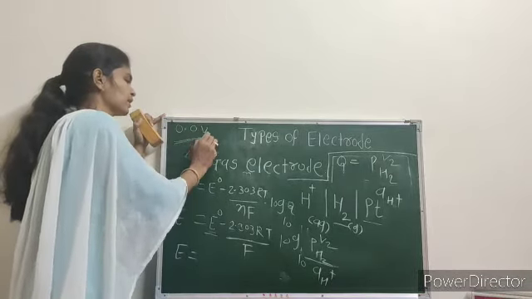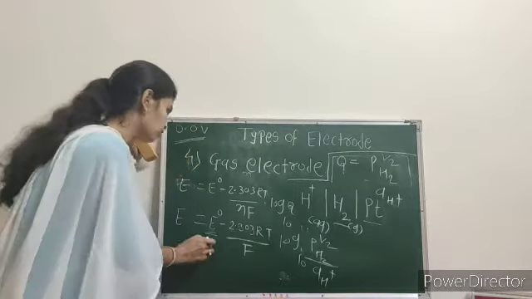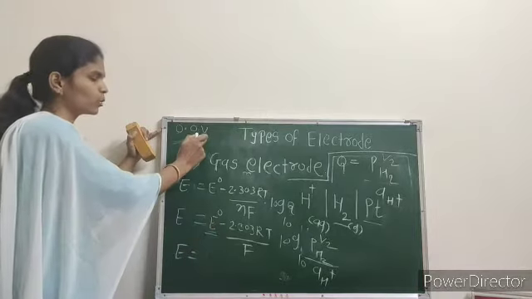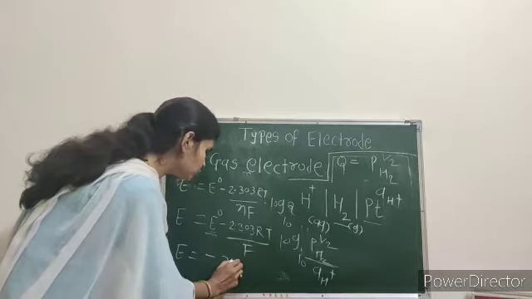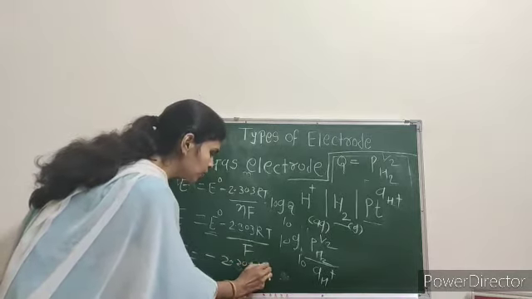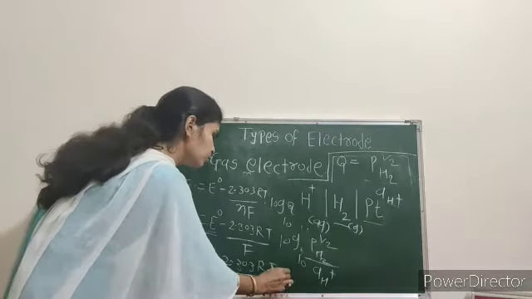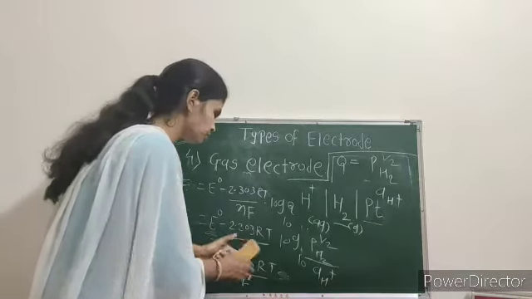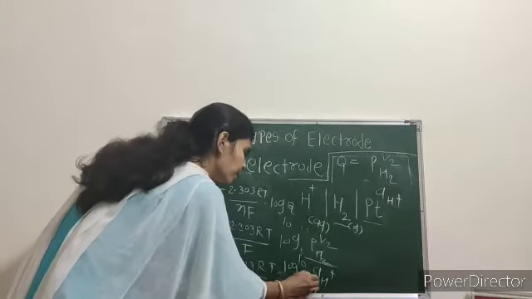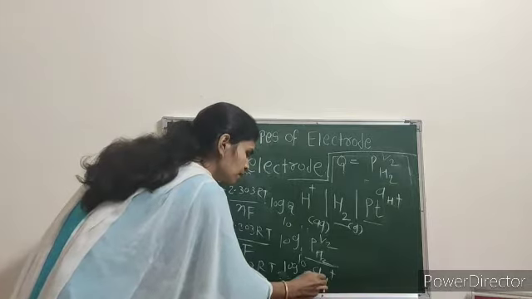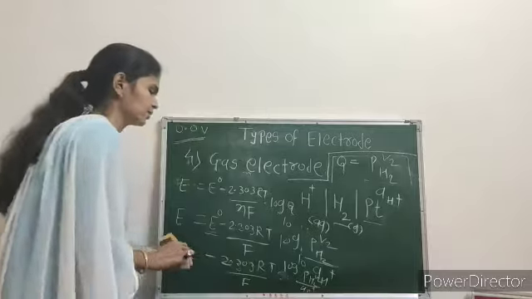We discuss the EMF series in the next lecture. Therefore, put the value: minus 2.303 RT divided by F into log of the pressure of H2 raised to 1/2 divided by the activity of H plus ions.